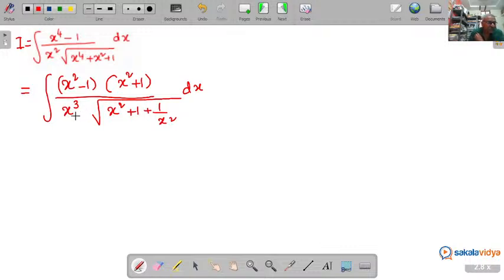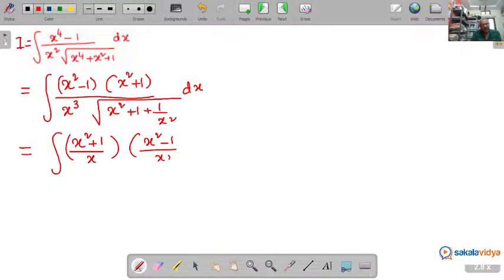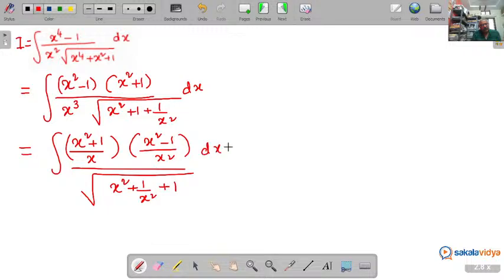Again this can be written (x square plus 1) by x into (x square minus 1) by x square, by root of (x square plus 1 by x square plus 1) dx.